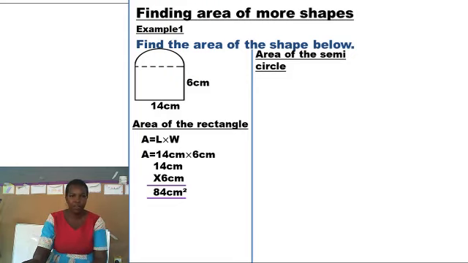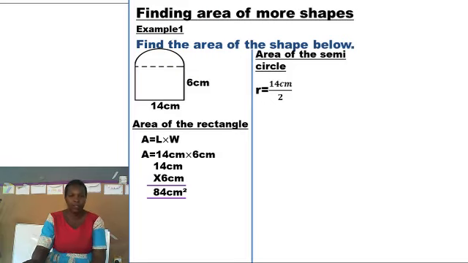The length is equal to the diameter, looking at the shape. So now we need to first look for the radius. Remember, in the previous lessons, we said the radius is diameter divided by 2, or diameter out of 2.